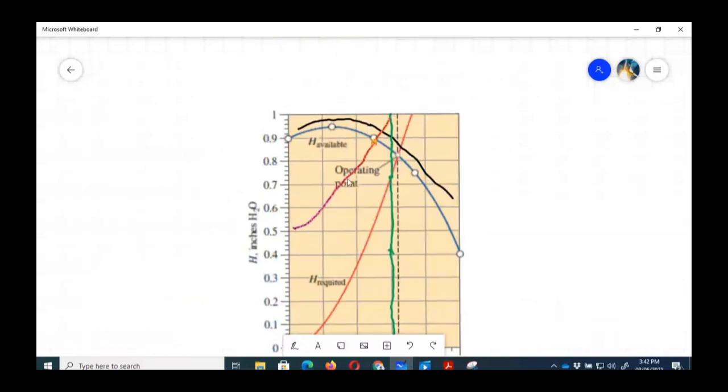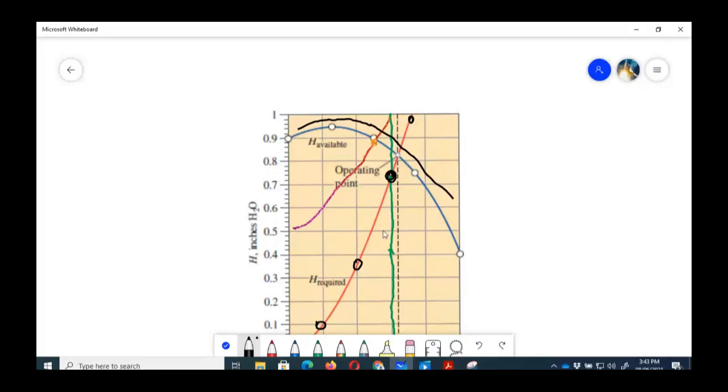This is 0.7, 709 means 71. So it is somewhere here. This is the point, right? Similarly, we can find the points here at different volume flow rates, and then 1, 2, 3, and then we can add a point here, and then we can construct this curve.